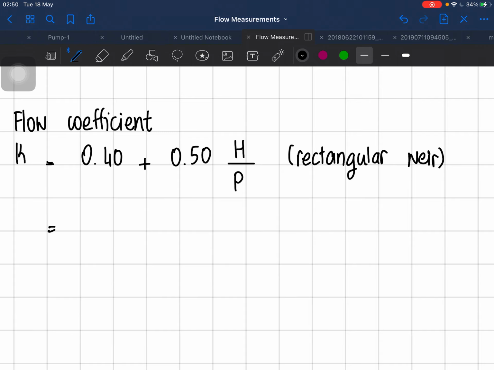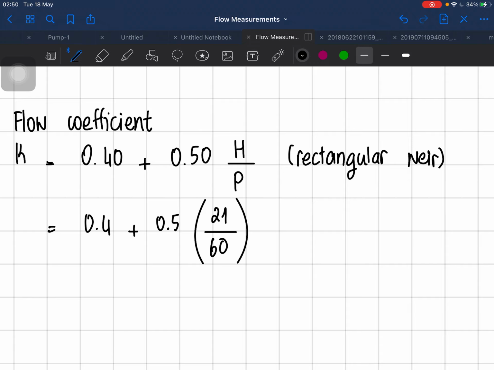So this would be 0.4 plus 0.5. H is 21 centimeter and the lower part here is 60. I keep saying the lower part and the upper part. Actually, one of them is the denominator and the other the numerator, but I keep messing them up, so I'm afraid I cannot use the terms right.